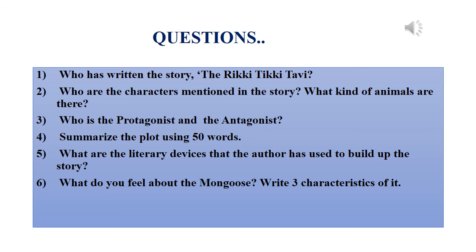What are the literary devices that the author has used to build up the story? So when you are writing the literary devices, make sure that you prove them with examples. And the last question is, what do you feel about the mongoose? And write 3 characteristics of it. You have to write your feelings. What can you feel about this mongoose? And also you have to mention 3 characteristics of this mongoose as well.